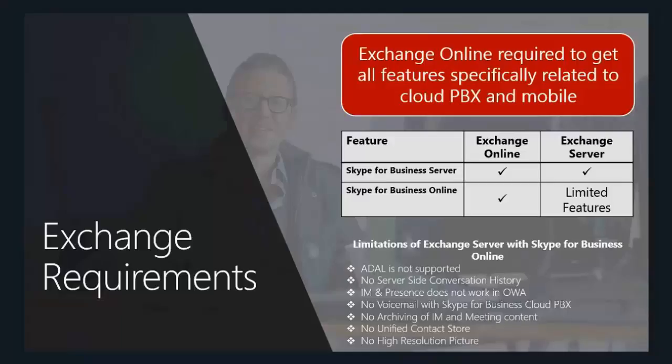And you have here also some limitations of Exchange Server when you run it with Skype for Business Online. I think for most of you, these limitations are kind of logical, because in an environment where these two infrastructures are not able to communicate properly, certain features won't be available. Very important, for example, if you have an Exchange Server deployment and Skype for Business Online, then your users won't be able to see presence information in Outlook Web Access.